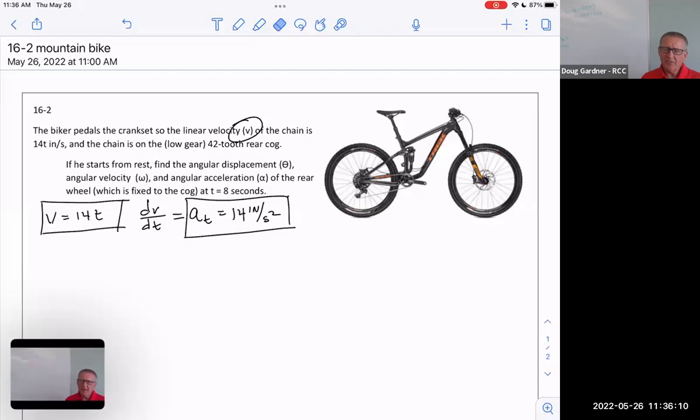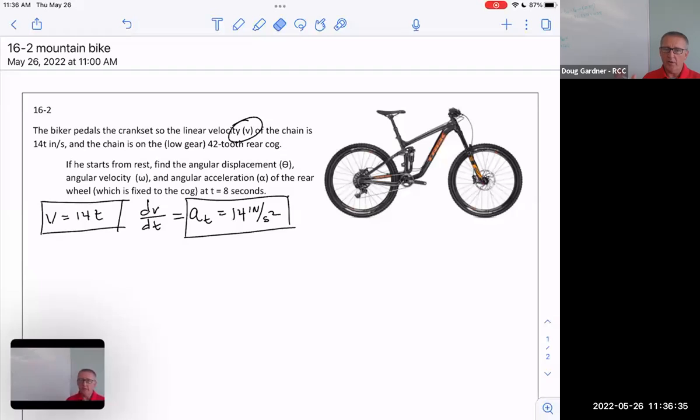And of course, in this case, that might be interesting to know. Why did I say at 8 seconds at the end of all of that? Why didn't I just leave it at that? Well, the problem is that as time goes by, is the position of the wheel staying the same? It's moving, right? So I can't just say where's the wheel. You have to know when.